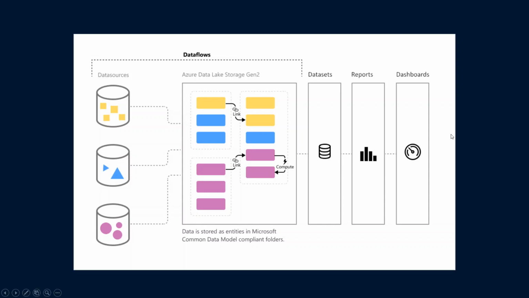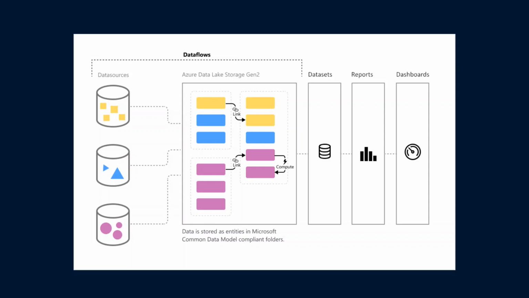If you observe here, this part, connecting to the source system and storing the data, comes under the data flow concept, right? So that we can achieve in the data flow, and once the data flow is ready, we can create different reports and dashboards out of this data flow. Okay, so this is what this diagram is illustrating.